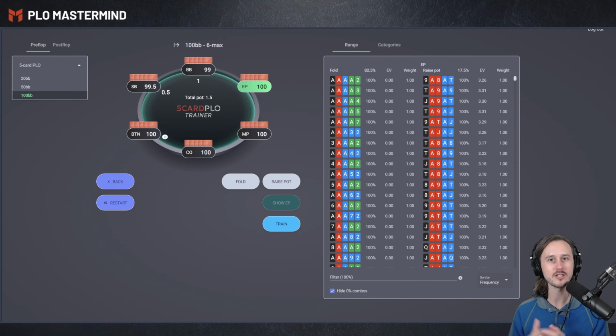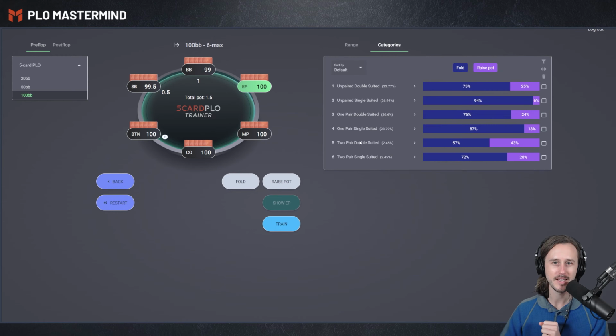So we are grouping hands together with the same characteristics and we create categories. In 5-card PLO, you can now use the 5-card PLO trainer to go to the categories and see what hands belong together, which hands have similar characteristics, and see how these hands are played.